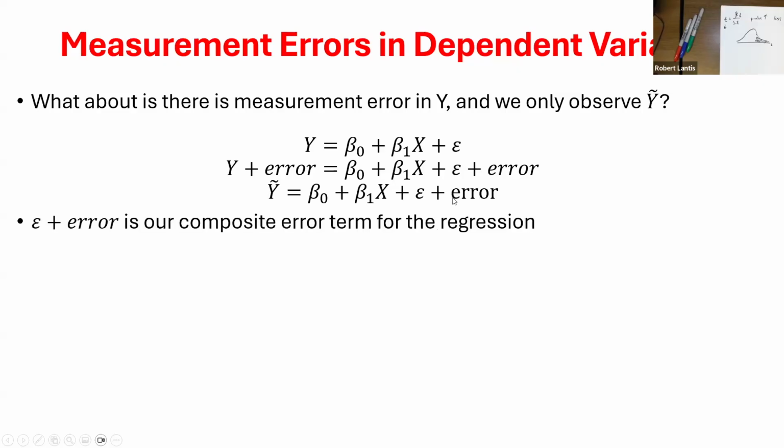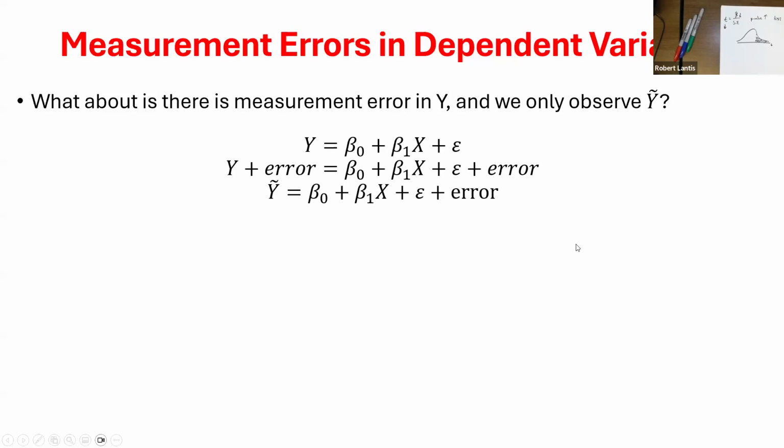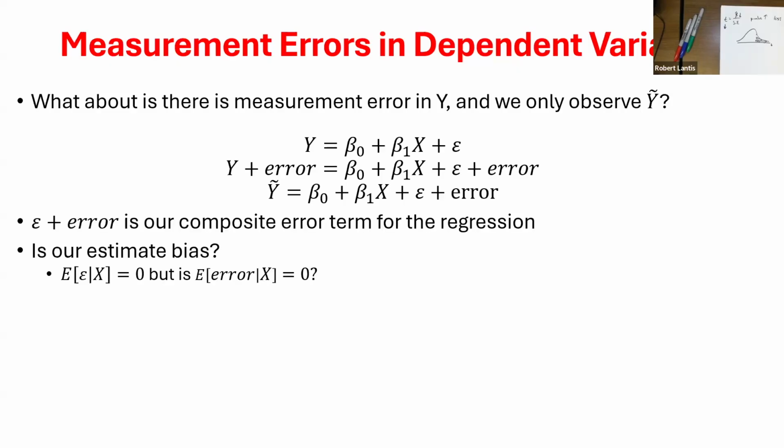So if I then think about rewriting this, when I'm running these regressions with the self-reported data that might have measurement error in it, my error term is going to include whatever the true error term is plus that measurement error. I can rewrite my composite error term as the original error that existed plus the measurement error. So what's now going to be true? What was one assumption that we needed?